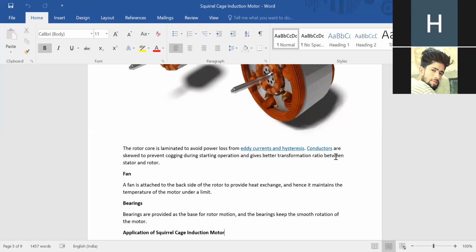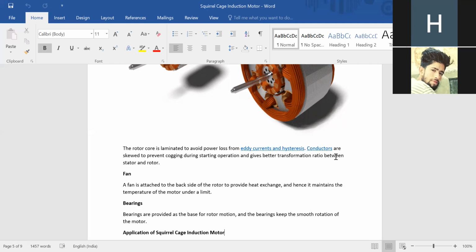Now the third thing is the fan over there. Why are we implementing a fan there? We attach the fan on the back side of the motor to provide heat exchange.